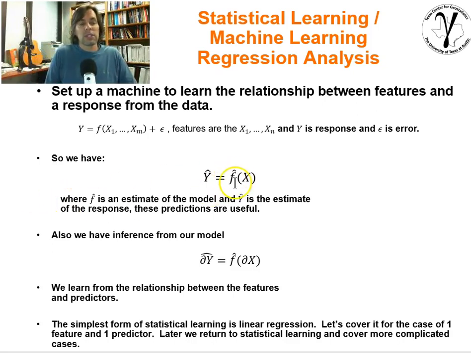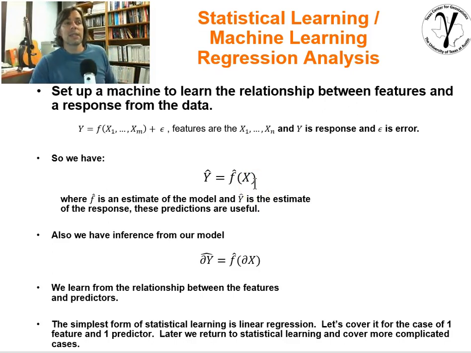And so we just indicate that that function is itself an estimate. And so this is the fundamental prediction problem: how do we make a prediction of y? We have to estimate f in order to take the available knowns or features in order to do that.